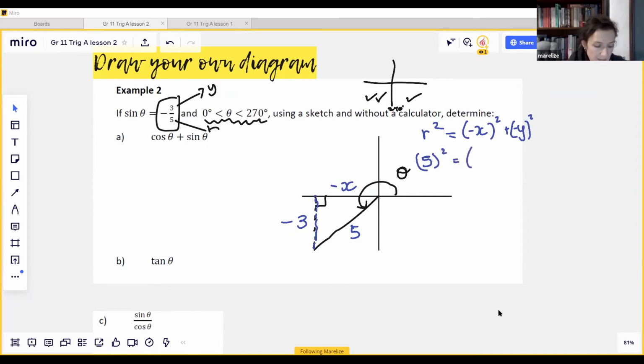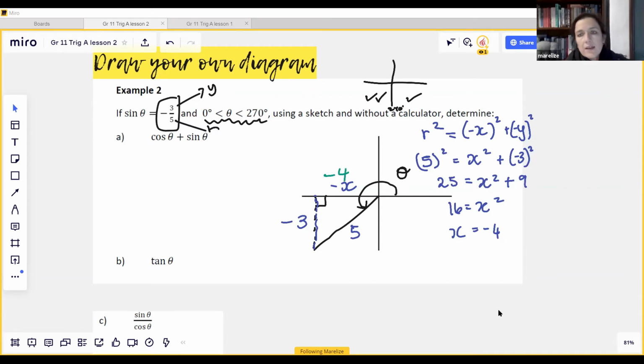If I square -x, it is going to be x squared. And y squared is going to be -3 squared. So that is 25 equals x squared plus 9. I'm going to bring the 9 over and make that 16. And then x must be -4, right? Because I am on this side of the x-axis. That's why I get -4 for x.